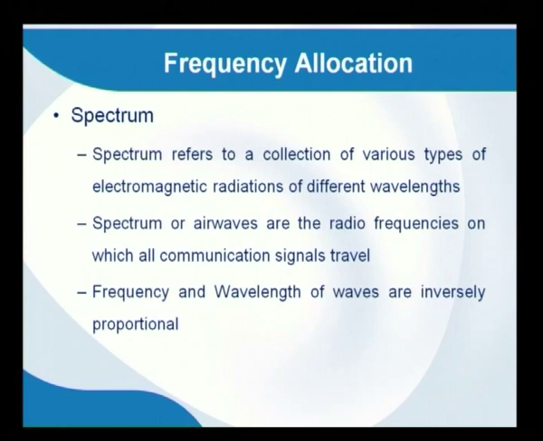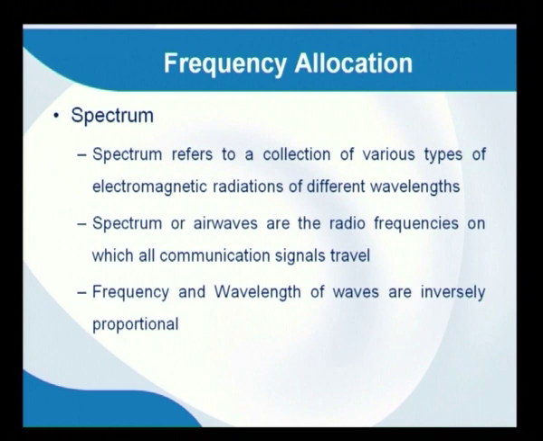Before learning about the frequency allocation, we should know about the spectrum. What is a spectrum? Spectrum refers to a collection of various types of electromagnetic radiations of different wavelengths. A spectrum is a collection of various kinds of waves. So, an individual wave may have its own frequency as well as wavelength.